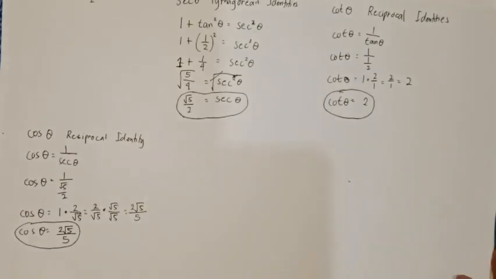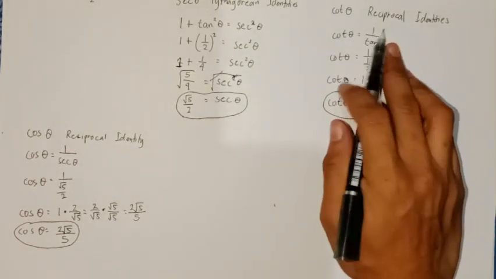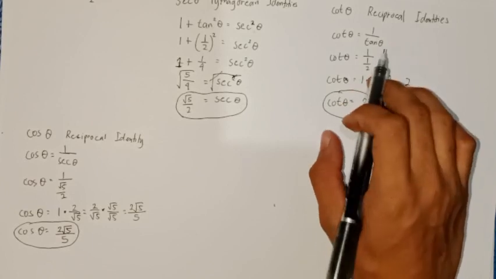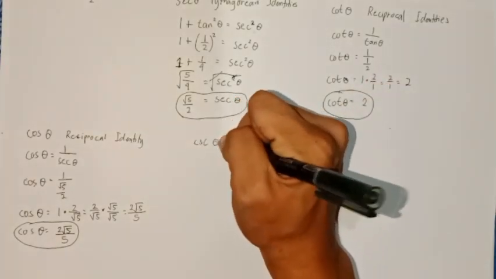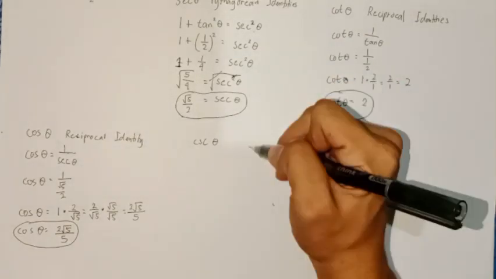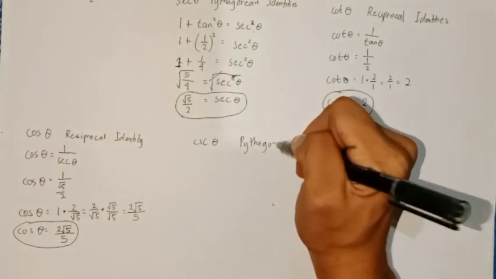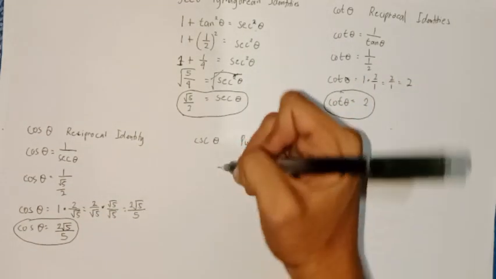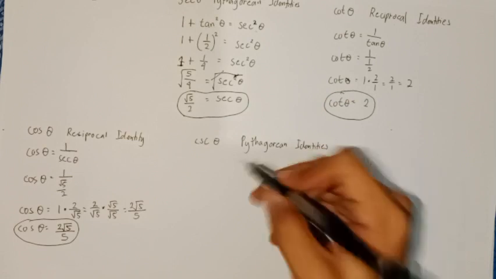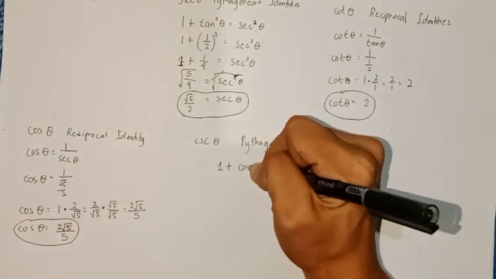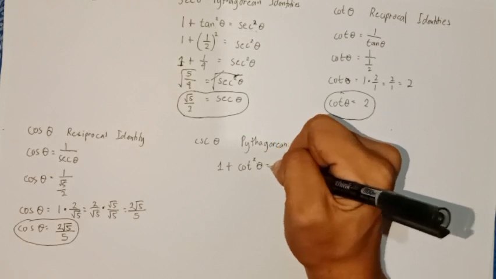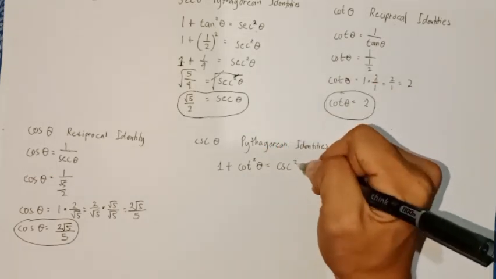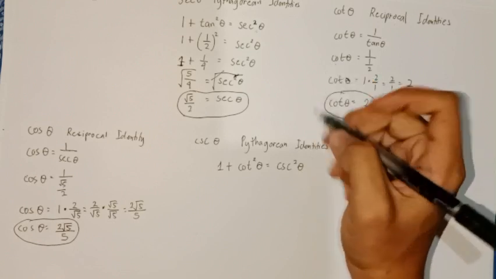Next, since we already have the cotangent, we can now find the cosecant theta by using the Pythagorean identities. The formula that we're going to use is 1 plus cotangent squared theta is equal to cosecant squared theta.